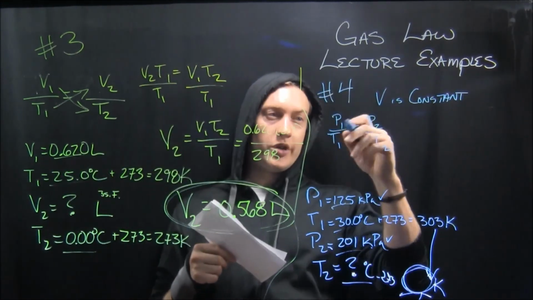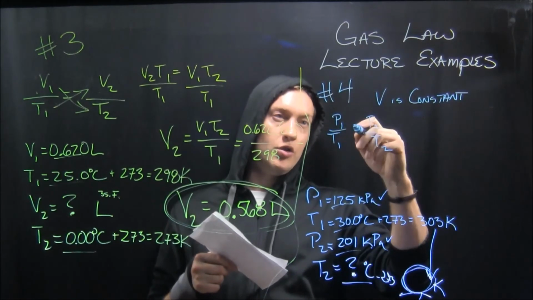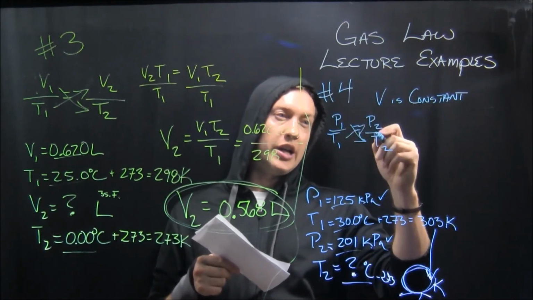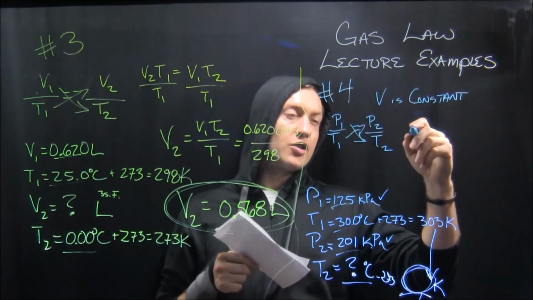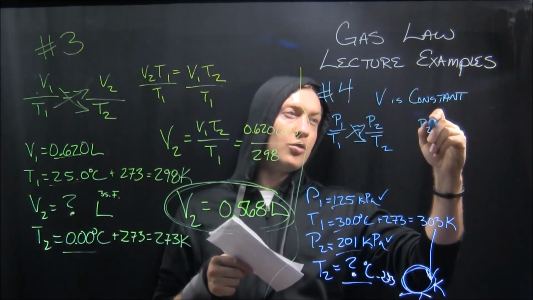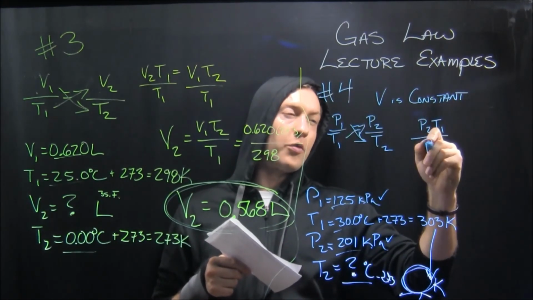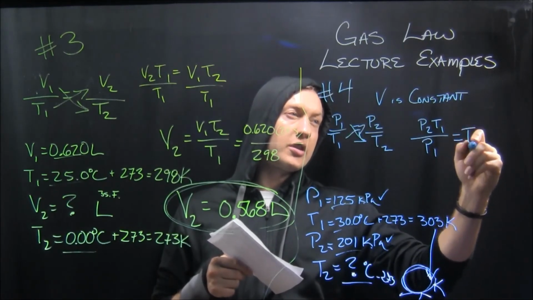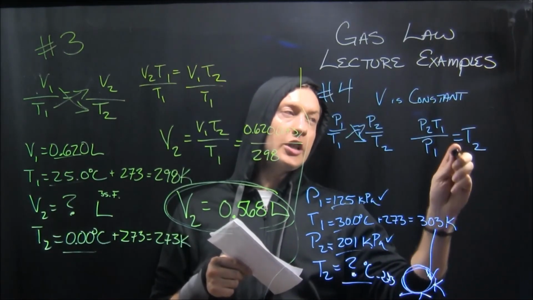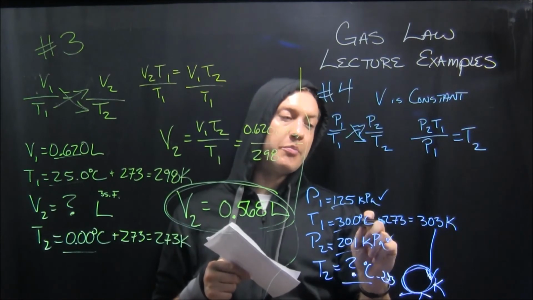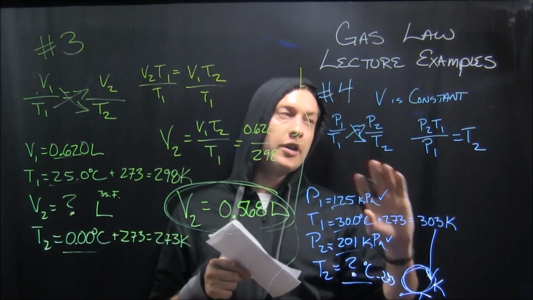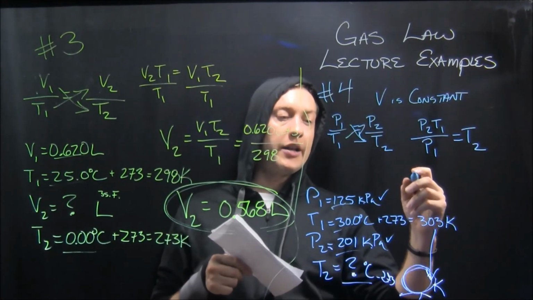So we want to solve this for T2: cross multiply and then divide, so P2 times T1 over P1 equals T2. And remember, if T2 doesn't come out bigger than 303, then we did something wrong mathematically.